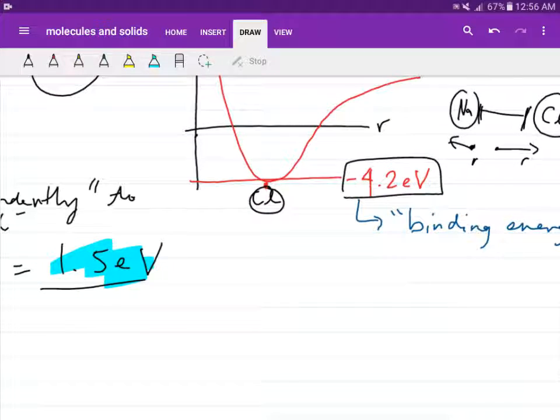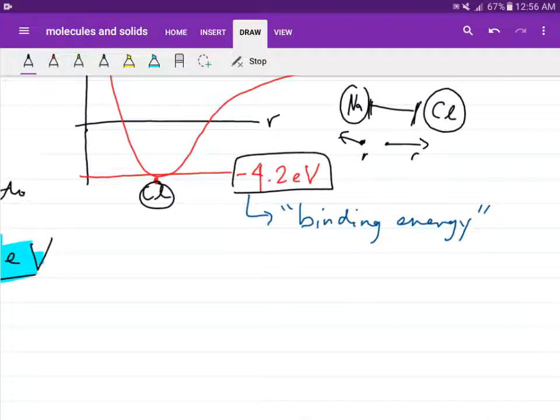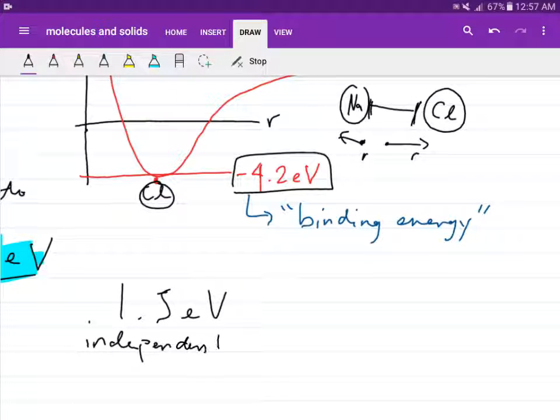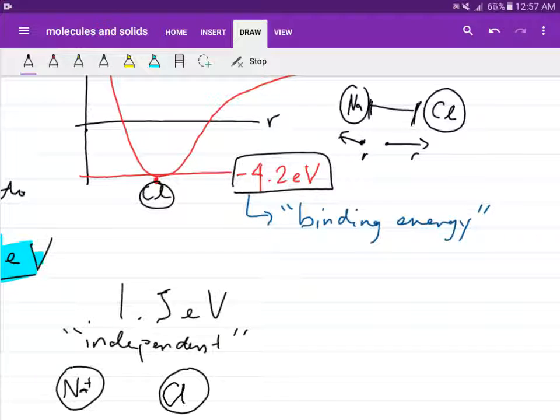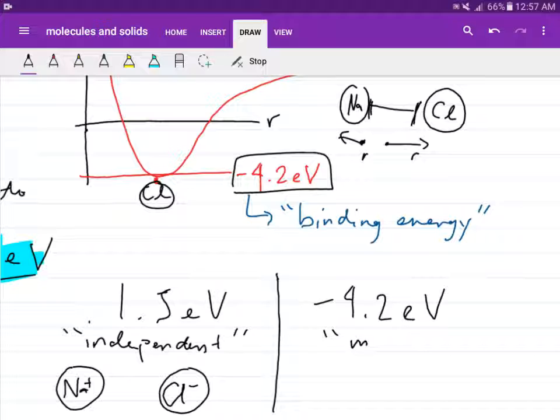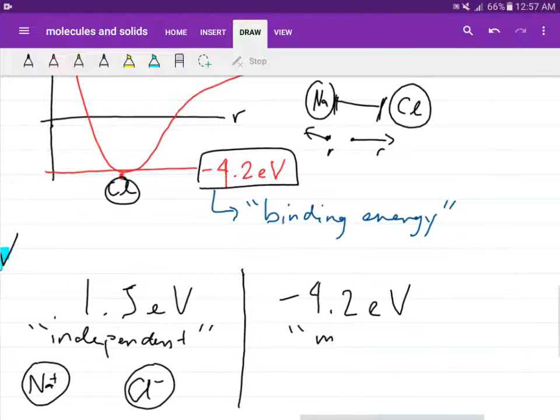So if you would compare 1.5 electron volts in the independent case, so you have here the sodium cation and chlorine anion, versus this minus 4.2 electron volts, let's call it the ionic bond.